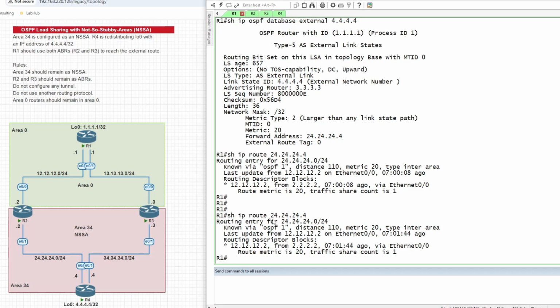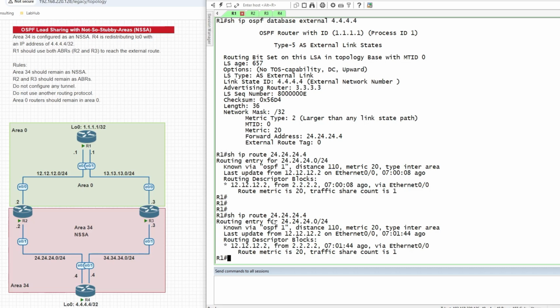All right. So let's get to our third why. Our third why is basically why does R1 use 24.24.24.4 as a forwarding address. Now, there are some rules that govern how the forwarding address is selected.